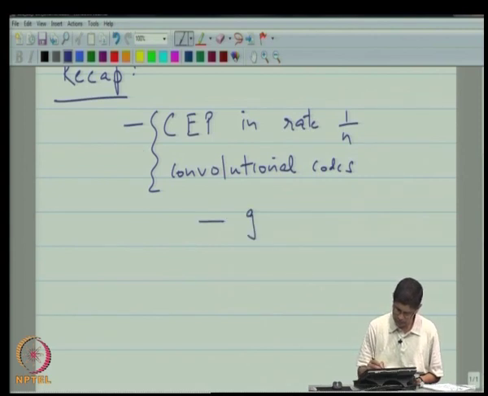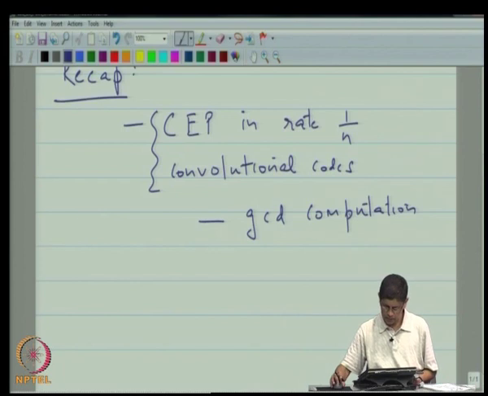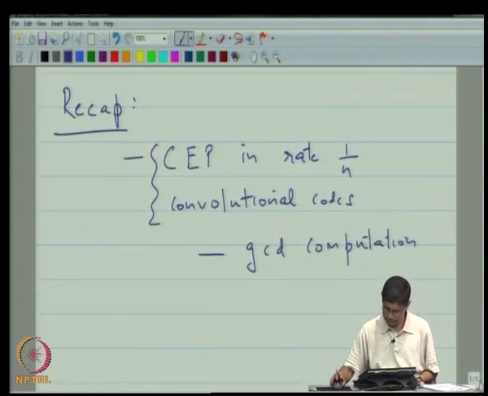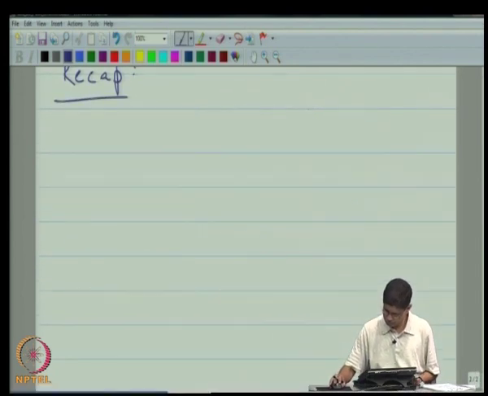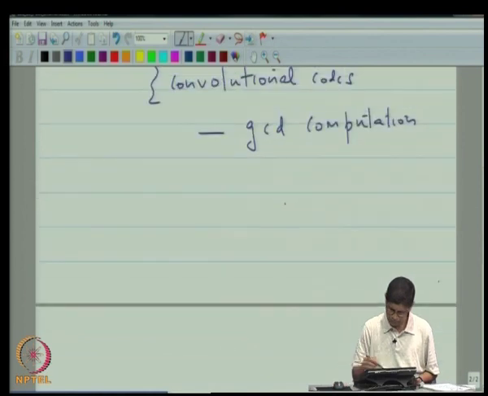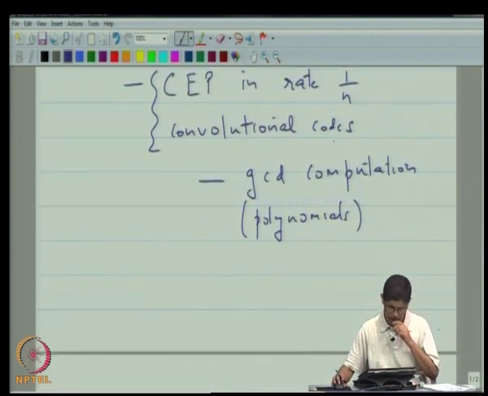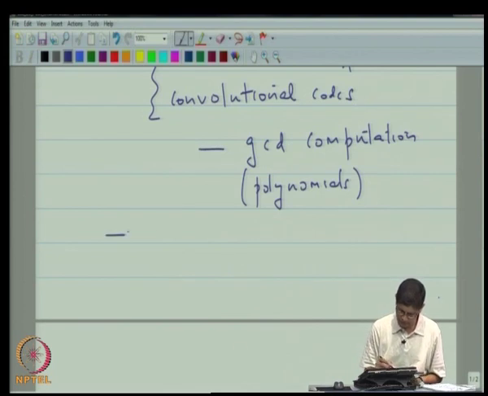As background, we developed GCD computation involving polynomials. And then towards the end, I started talking about path enumeration in a convolutional code.